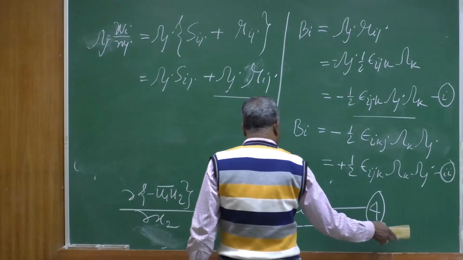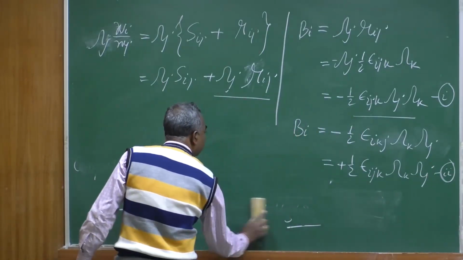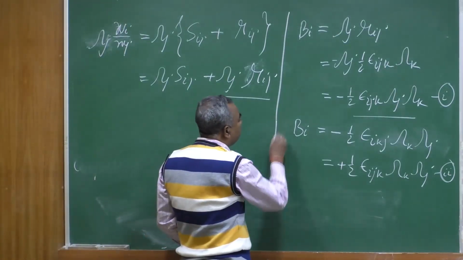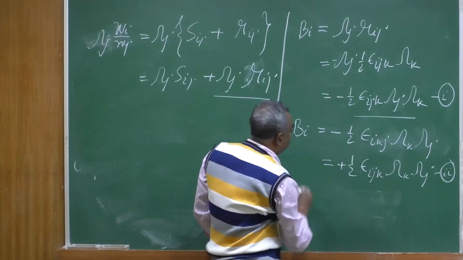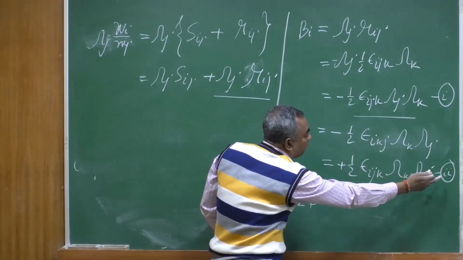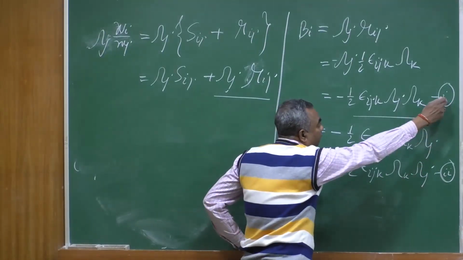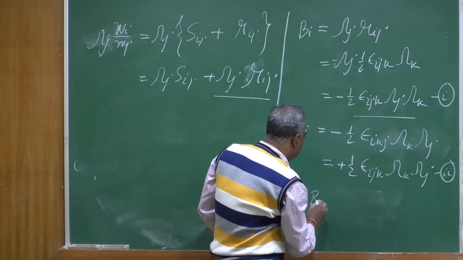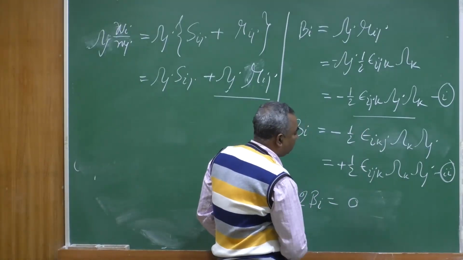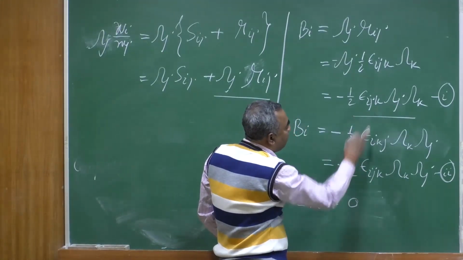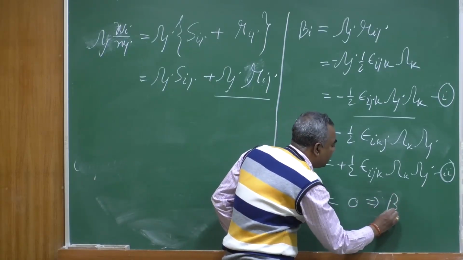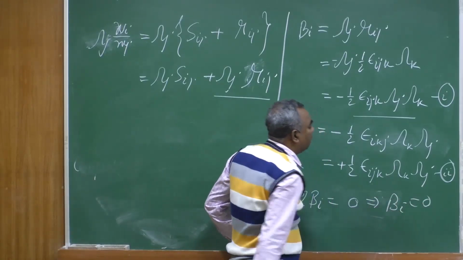So, you see here, twice B I from equation 1 and 2, twice B I is equal to, this is the same thing. So, this is 0, which says that B I is equal to 0.